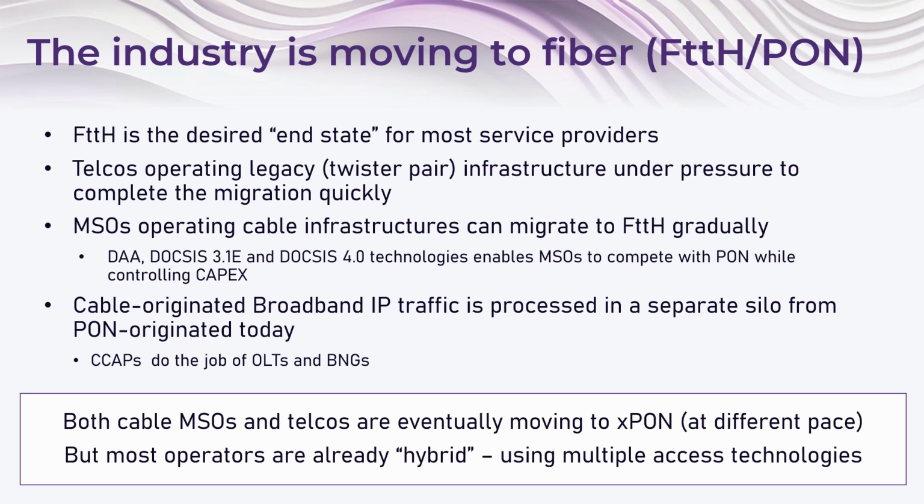Yes, fiber to the home is probably the end goal, but the best approach to get there is to do it gradually and efficiently over a long duration of time for cable operators.